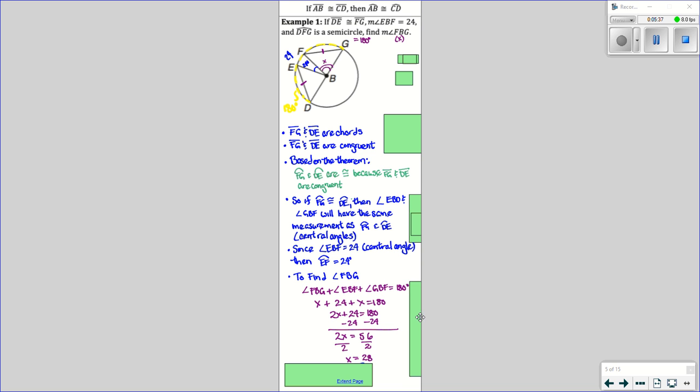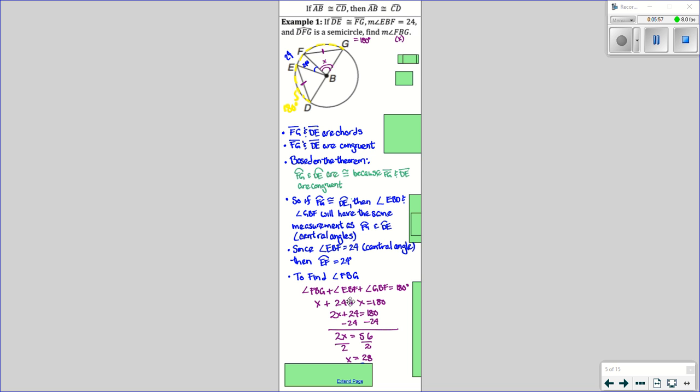I know that my semicircle is 180, so I'm going to add up whatever I get for FG and ED. They're both going to be the same. So x and x, 2x, plus the 24 for that arc measure, based off of the central angle being 24.